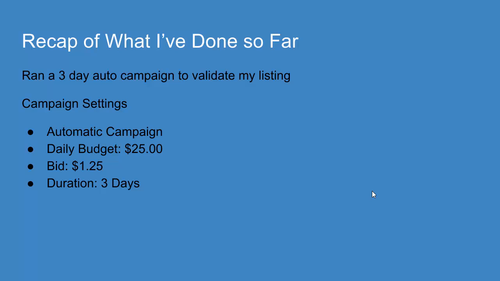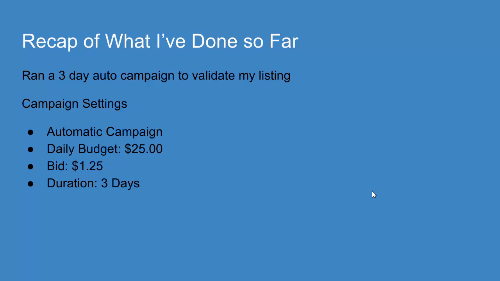We want to make sure that Amazon understands what our product is about by looking at the title and the backend search terms, and we know they are looking at our listing correctly if they show our ads in front of search terms relevant to our product. I'll dive more into this when I look at the Excel file and all the data, but I just want to explain it to you quickly.